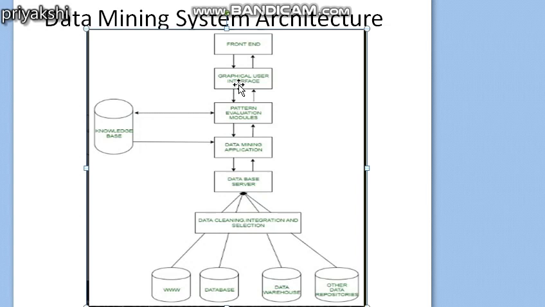In addition, the graphical user interface enables end users to browse the database, evaluate the mined patterns, and visualize the discovered patterns in different formats like histogram, dendrogram, and decision tree. So this is the typical architecture of a data mining system with these components.